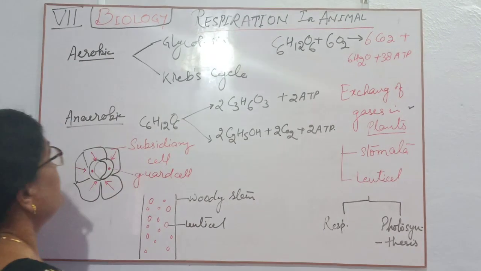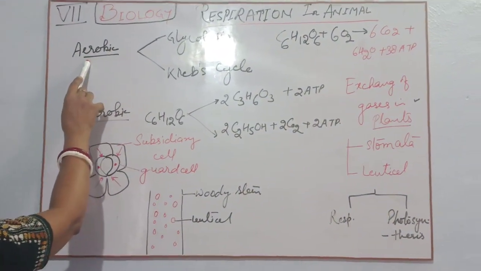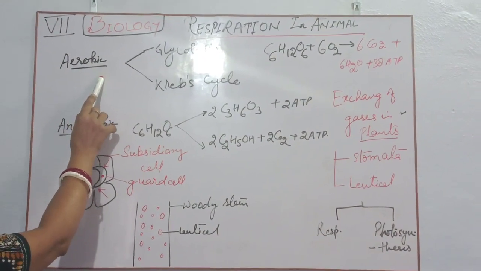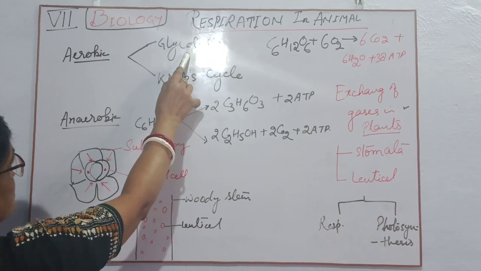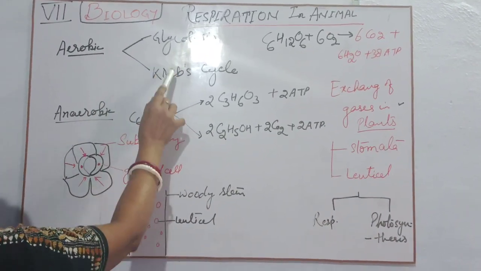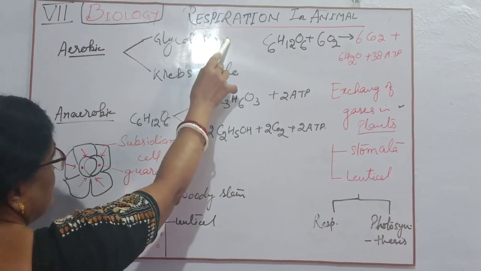Today, as in the previous chapter, I explained aerobic respiration. Aerobic respiration is carried out by two processes, glycolysis and the Krebs cycle. Glycolysis occurs in the cytoplasm of the cell.